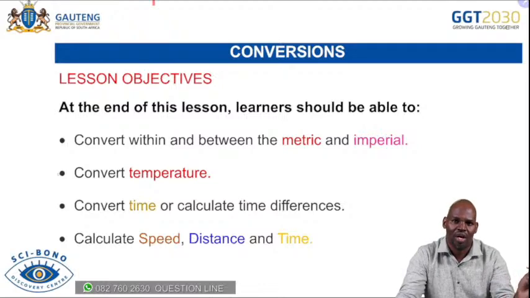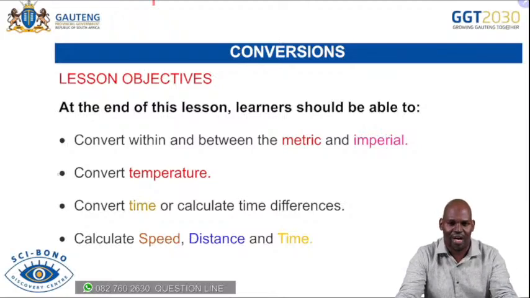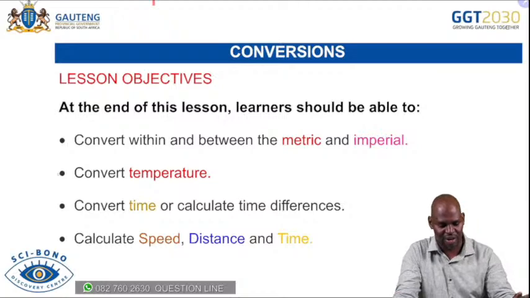The same applies if a citizen of the USA travels to South Africa. Their local unit is degrees Fahrenheit, but they'll find the temperature in degrees Celsius, which might not make sense to them, so they'll have to convert it to degrees Fahrenheit.